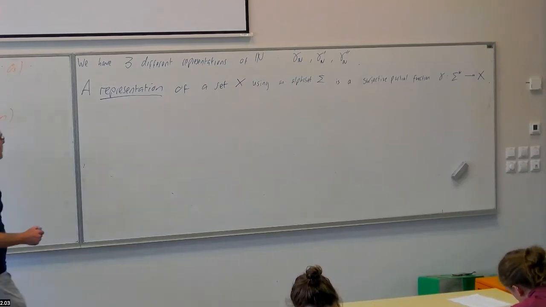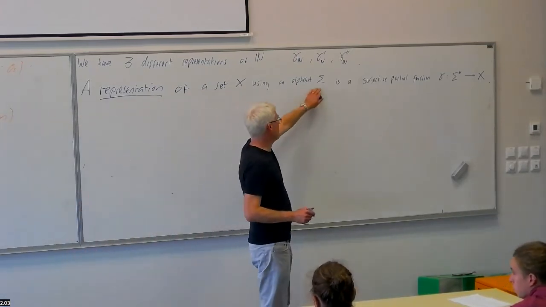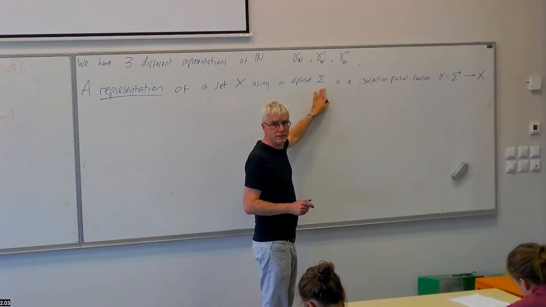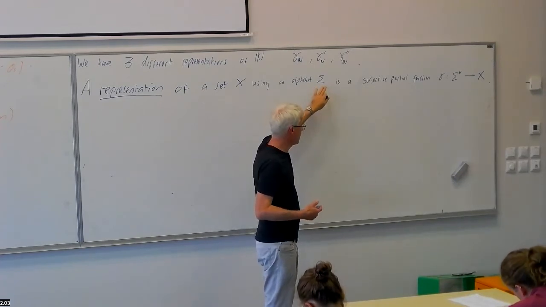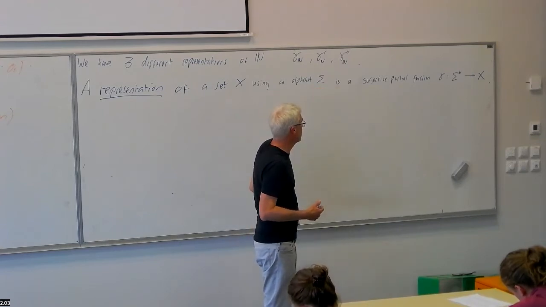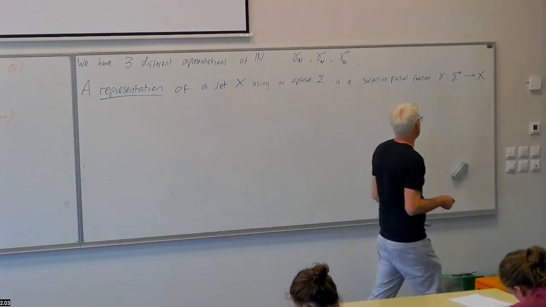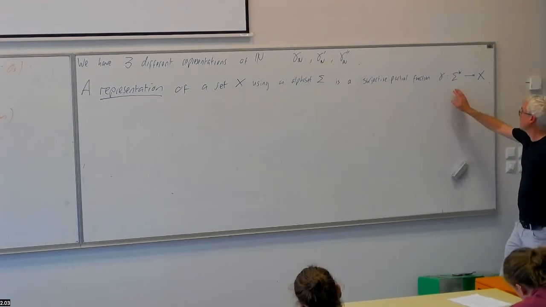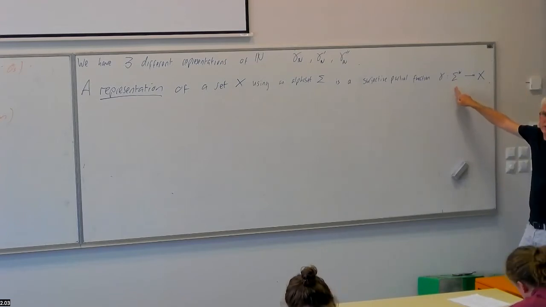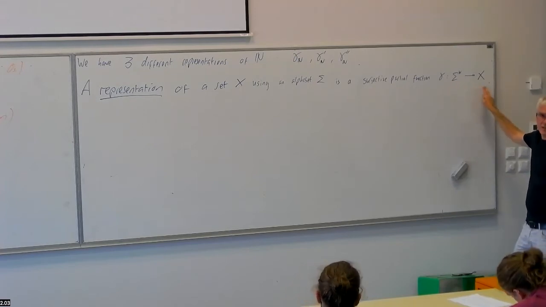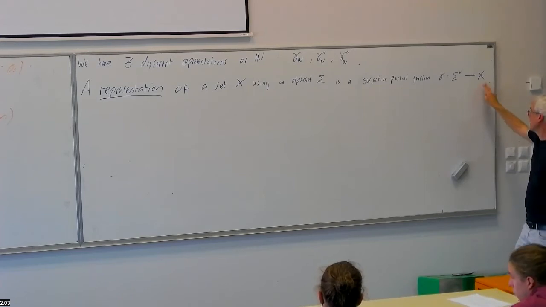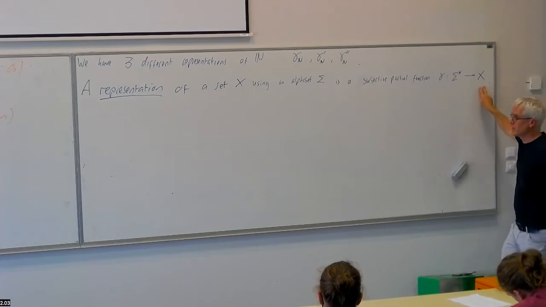Just a simple remark. Alphabets are assumed to be finite. We always want our Turing machines to be specified by a finite amount of information. So if sigma is finite and non-empty, the set of words over it is countably infinite. We've got a surjective function from a countably infinite set onto X. So that means that X is itself a countable set.